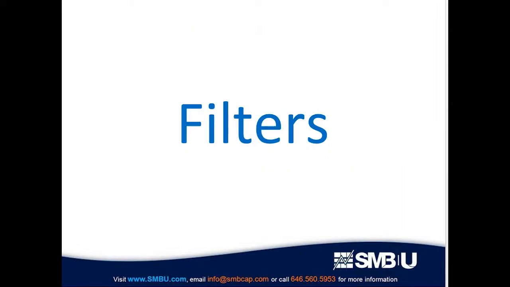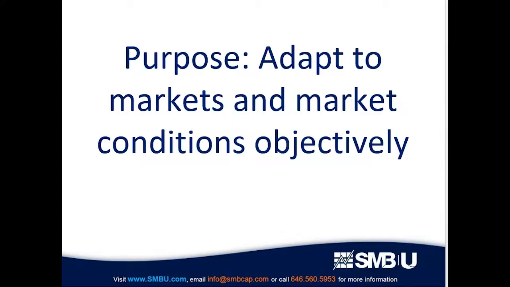So what I'm talking about here is filters and the benefit of using filters, and specifically in this presentation about using volatility-based sizing. The purpose of that is to adapt to markets and market conditions objectively. So rather than using a fixed size of either share amounts or contract amounts in options or stock or futures, use some variability and add some reason to your sizing that adapts to the market, and here's the key, objectively.